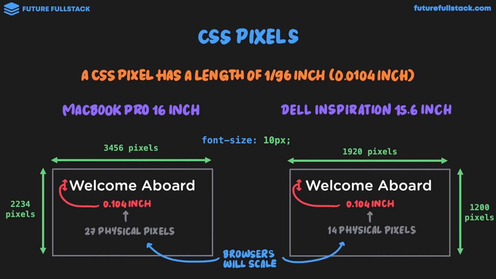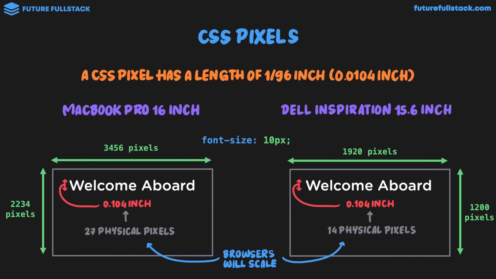So once again, in our CSS, we're using a fixed length of 1/96 of an inch for our pixel. And then when our web page renders in the browser, it will work out the resolution of the screen it's on, and then determine how many physical pixels need to be used in order to achieve the 10 pixel font size we set in our CSS.